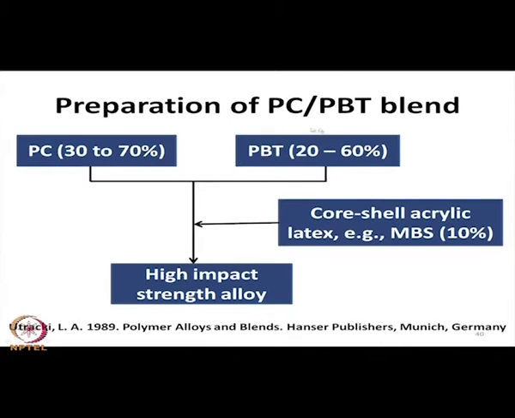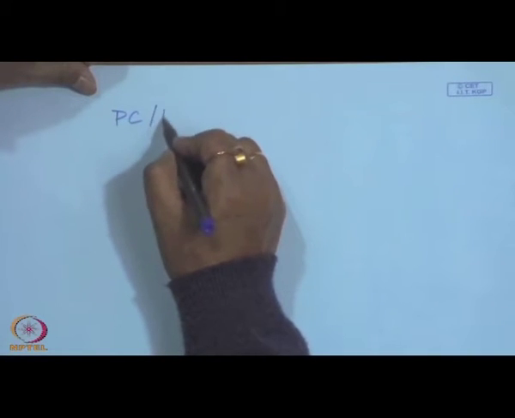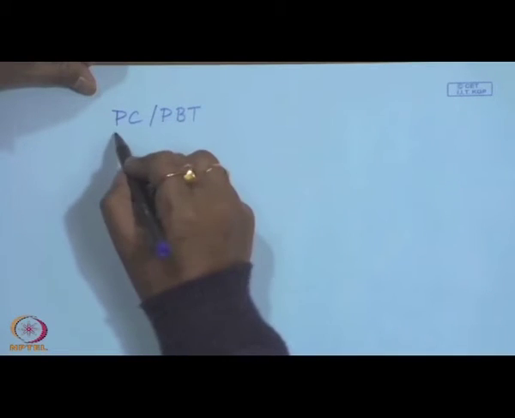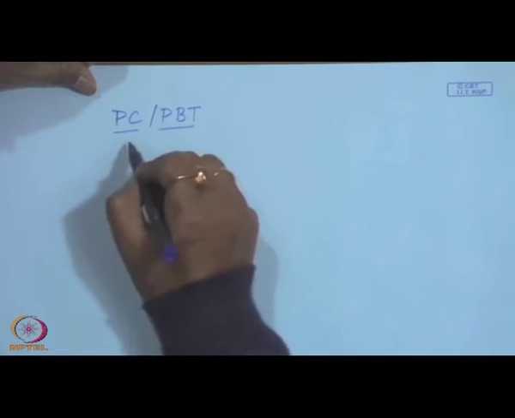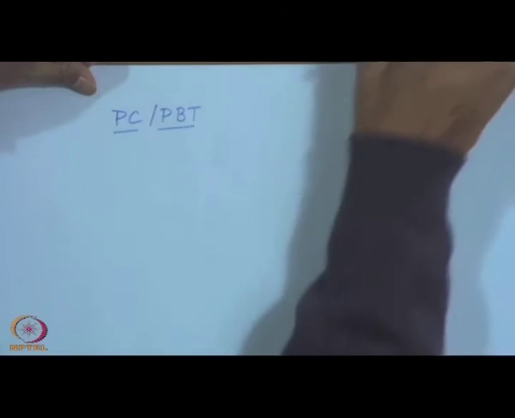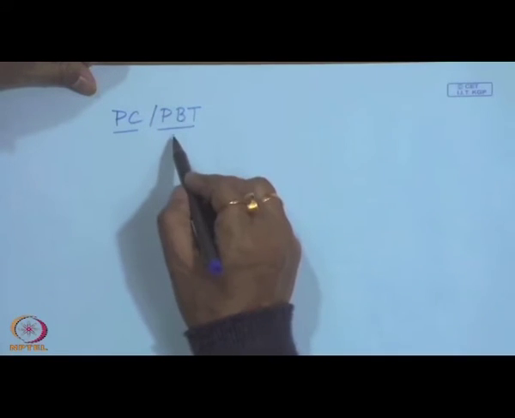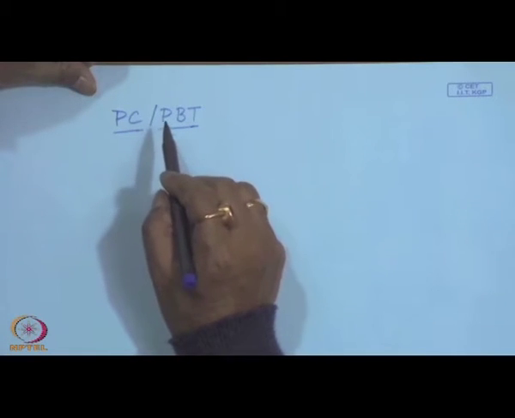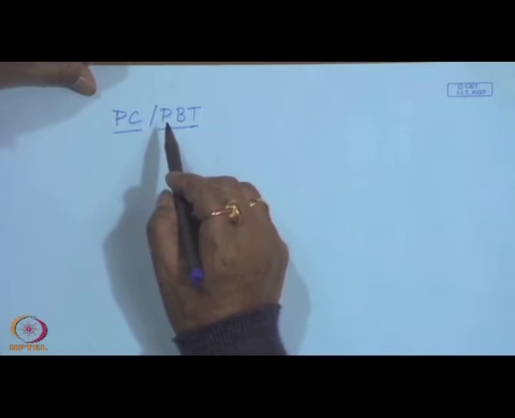This shows a scheme of the preparation of a polymer blend between polycarbonate, PC, with polybutylene terephthalate. Polybutylene terephthalate is a little flexible, whereas polycarbonate is rigid.